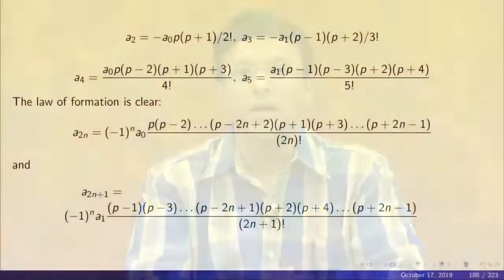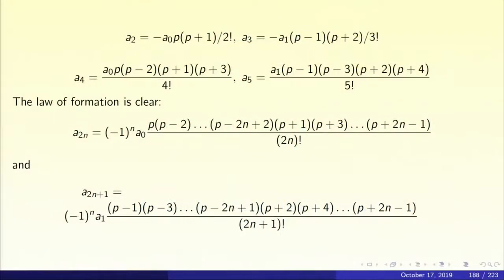So what do we get? We get a4 equal to a0 into (p-2)(p+1)(p+3) upon 4 factorial. a5 is a1 into (p-1)(p-3)(p+2)(p+4) upon 5 factorial. The law of formation is very clear by looking at these two terms by themselves.